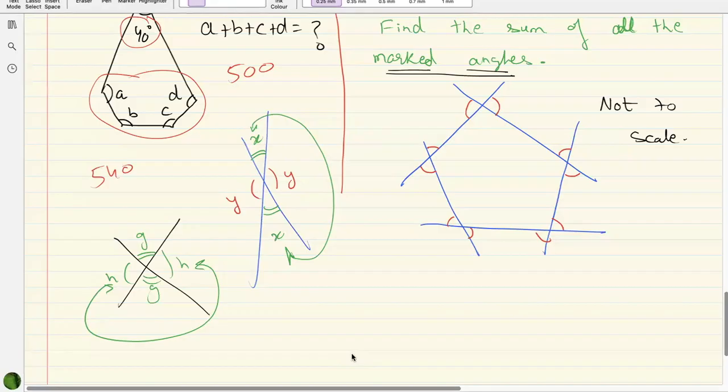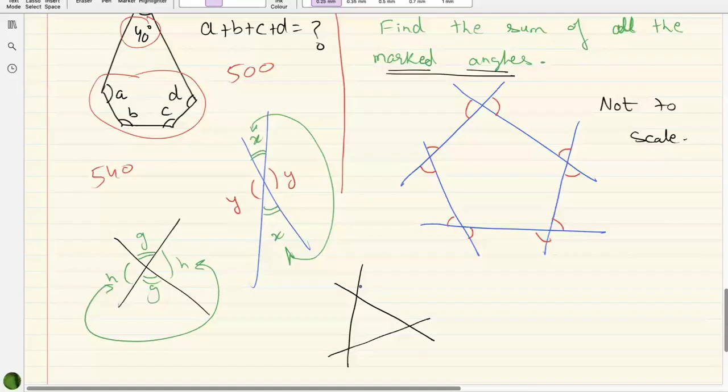Let me give you a hint. For example, we have this question, and I ask you to find the sum of these marked angles. What would it be? It's also not to scale, right?